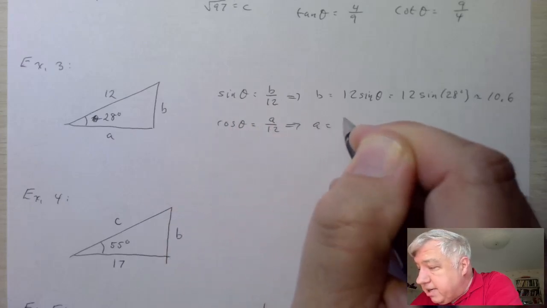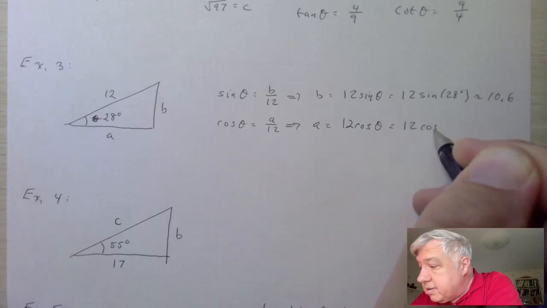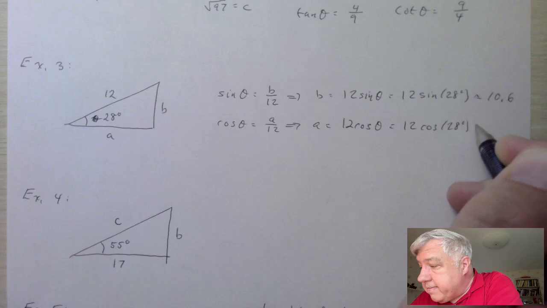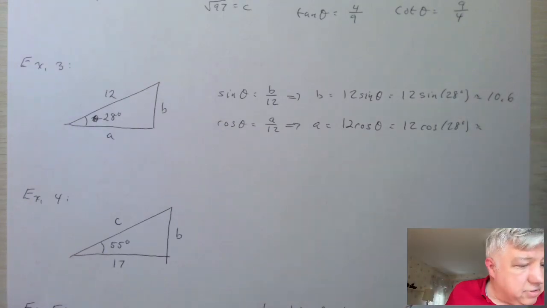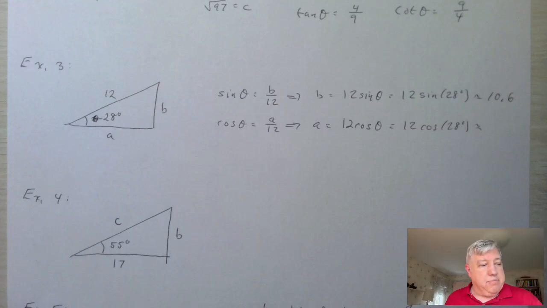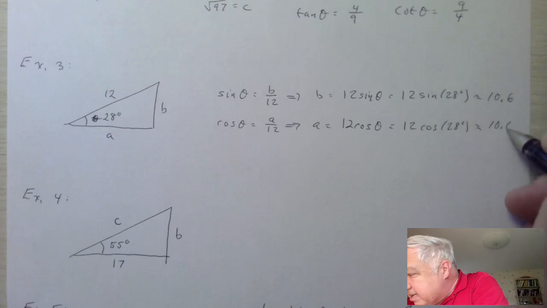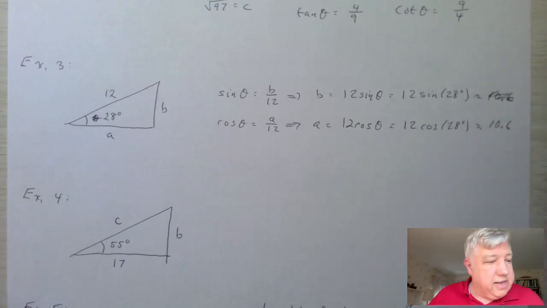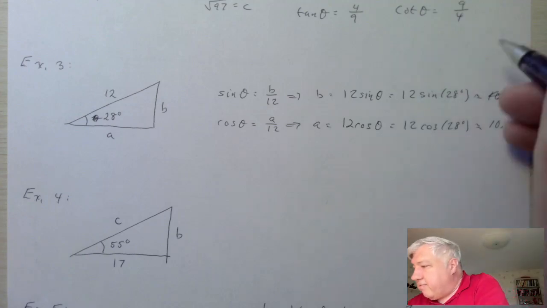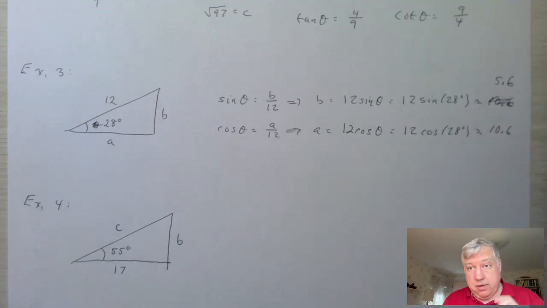So a is going to be 12 cosine of theta. And this turns out to be 10.6. And the 12 sine of 28 degrees, that's 5.6. Sorry about that. Looking at my notes the wrong way.